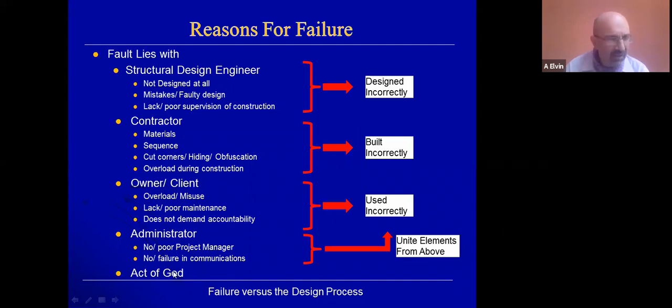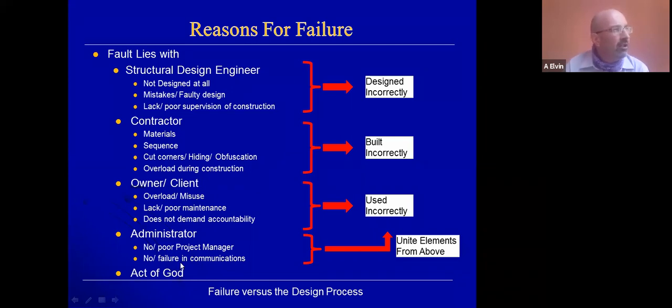The act of God is a valid and reasonable explanation for why a failure occurs. But the act of God can only be invoked if something completely undocumented, with no prior history, occurs. Something like, for example, if there were no terrorist activity and all of a sudden there's a terrorist bomb that blows out many columns.